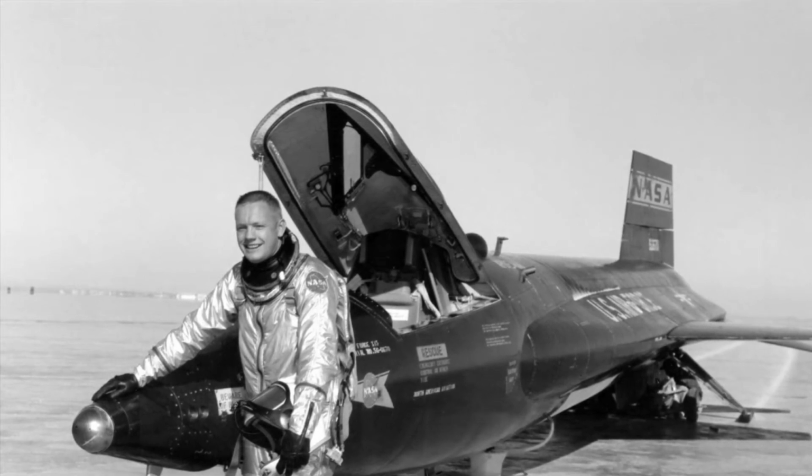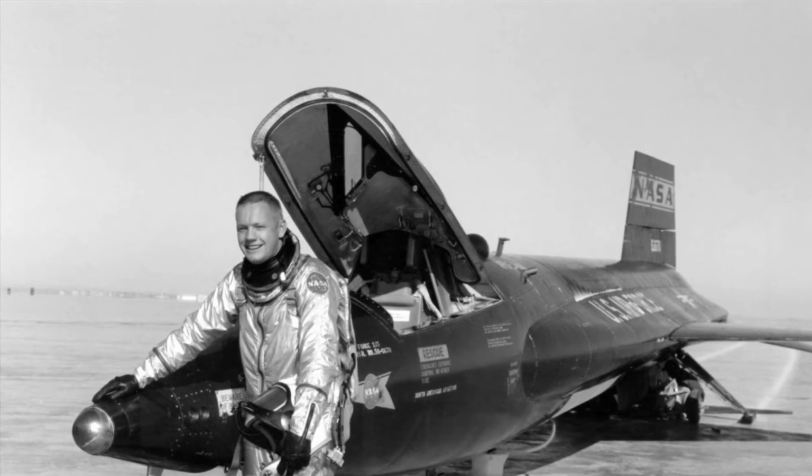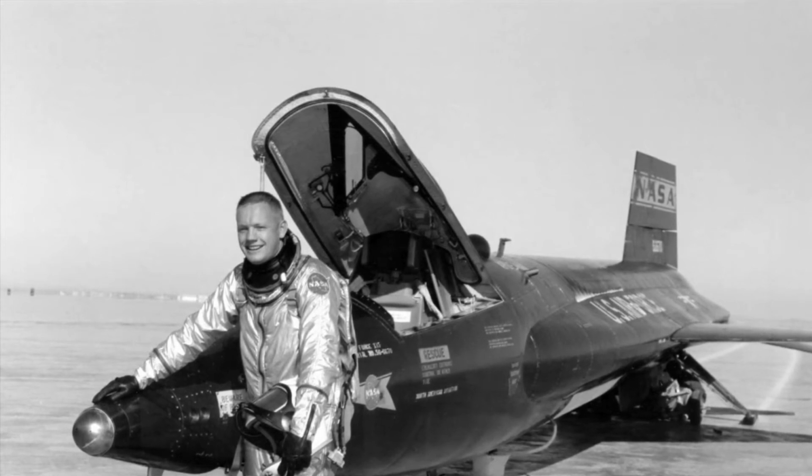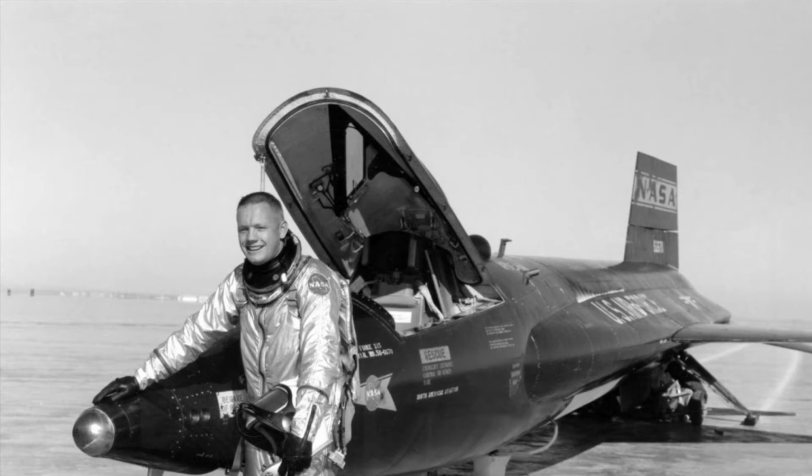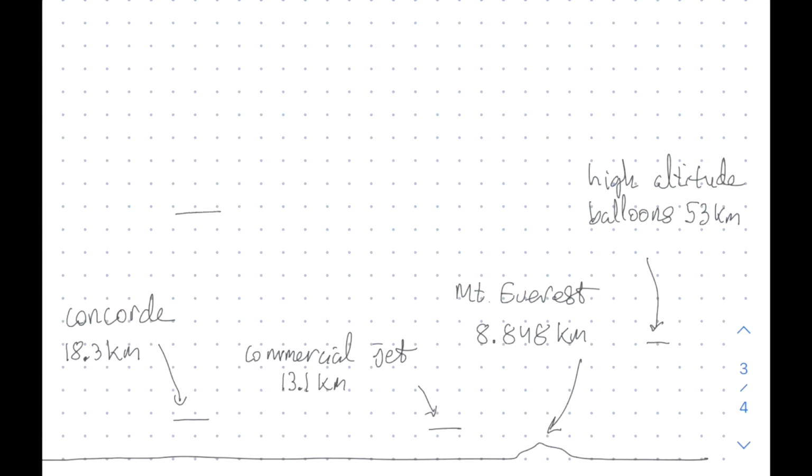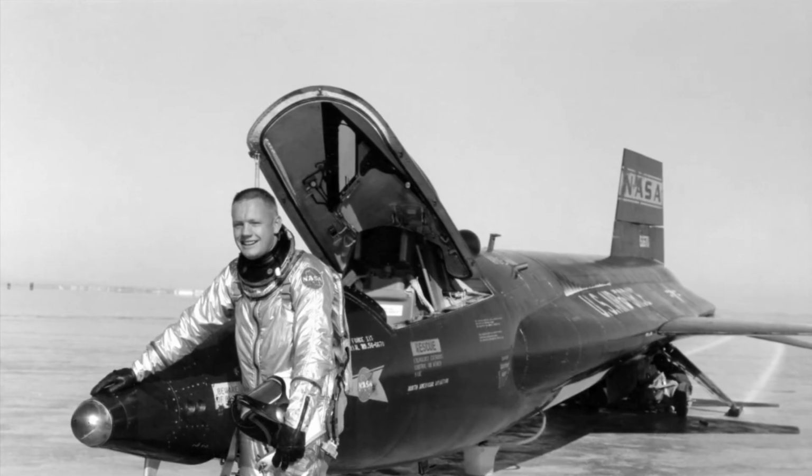Now, a rocket plane can fly to much higher altitude, and in fact the X-15 pictured here flew to an altitude of 107.9 kilometers, which is really, really high. Oh, and by the way, the gentleman standing in front of the airplane is none other than Neil Armstrong, who was the first person to step on the moon.